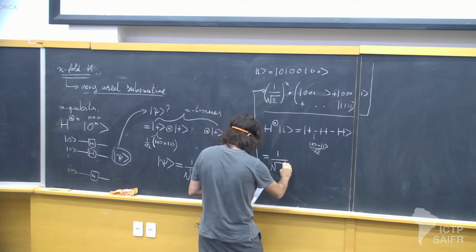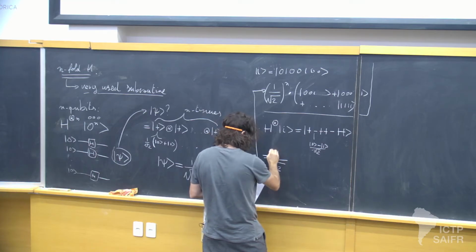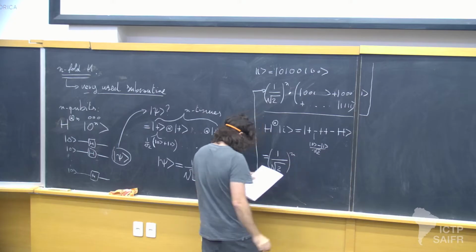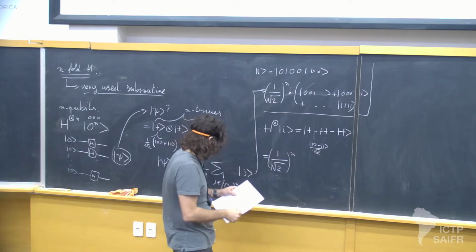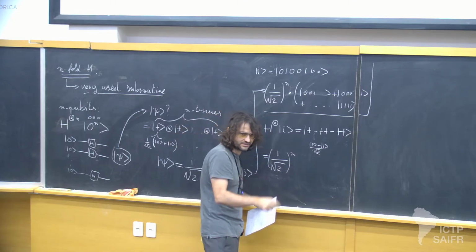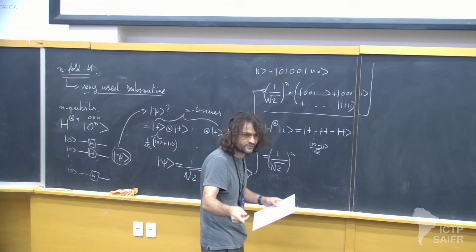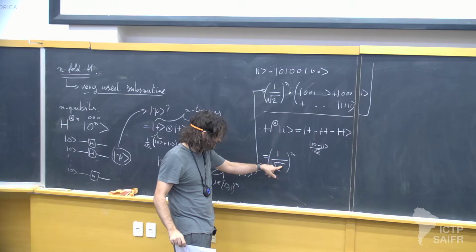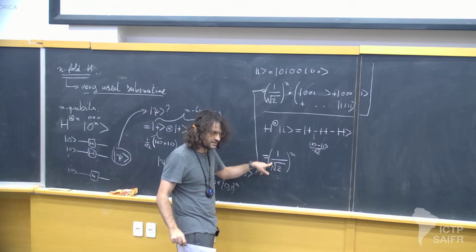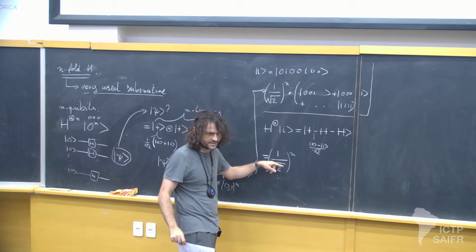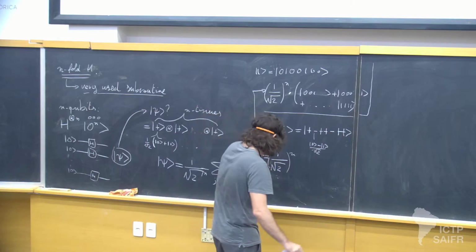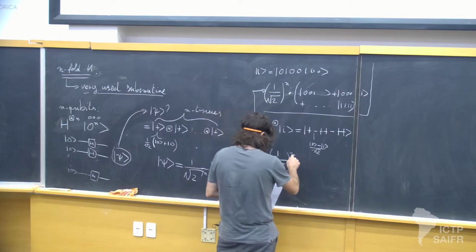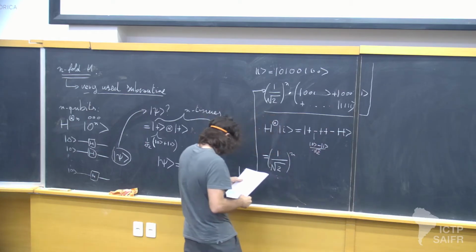So in a more compact way, as an exercise, check that this can be written as 1 over square root of 2 to the power of n. By the way, in the lecture, I put the n in the wrong position everywhere. In the lecture notes that some of you probably already have, the n should stay on top. Sorry.